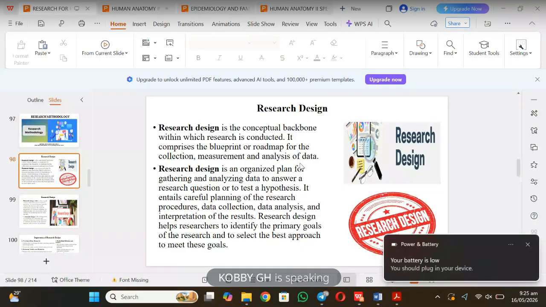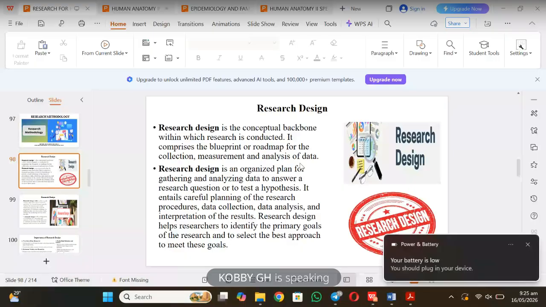So when we say descriptive cross-sectional design, this is when you are conducting a study at a single point in time, or a snapshot in time. You can use the phrase single point in time, or you can use the phrase snapshot in time.